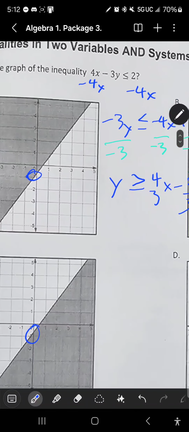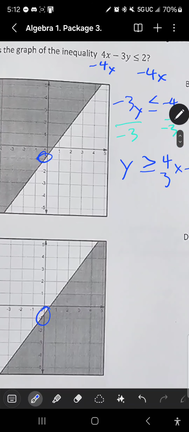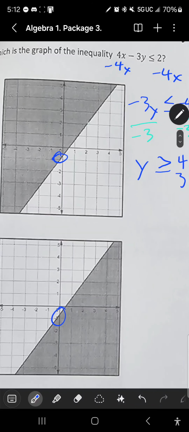But if you want to check, it's 4 over 3 positive. I have this point right here, so 1, 2, 3, 4. 1, 2, 3, and we're fine. So everything is okay.